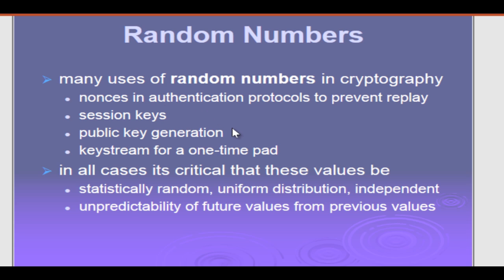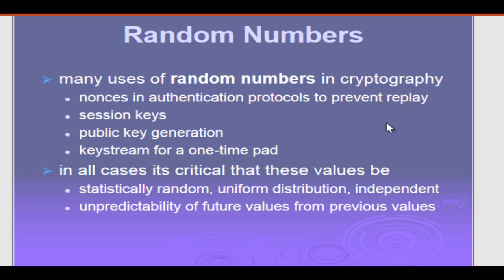Where exactly do we use random numbers? First, the nonces, which we discussed in the previous slide. Nonces are used for acknowledgement, and in authentication protocols to prevent replay attacks. In the first chapter we discussed replay attacks, where the same message is replayed again and again.